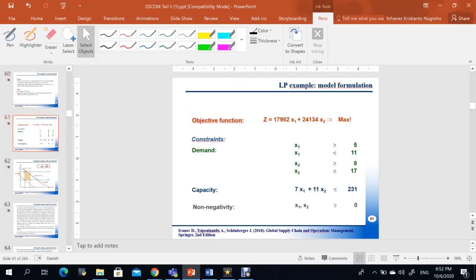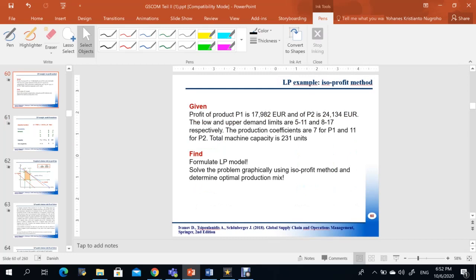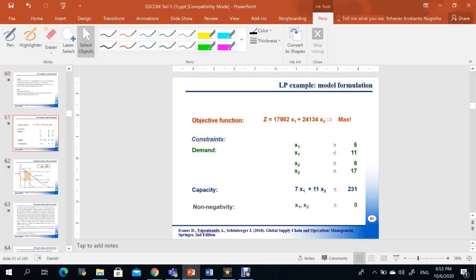We know that the function is to maximize the profit, and therefore we have to multiply the unit profit with the amount of P1 produced and also the amount of P2 produced, and therefore we have the following: 17,982, this is the unit profit for X1, and 24,134, the unit profit for X2.